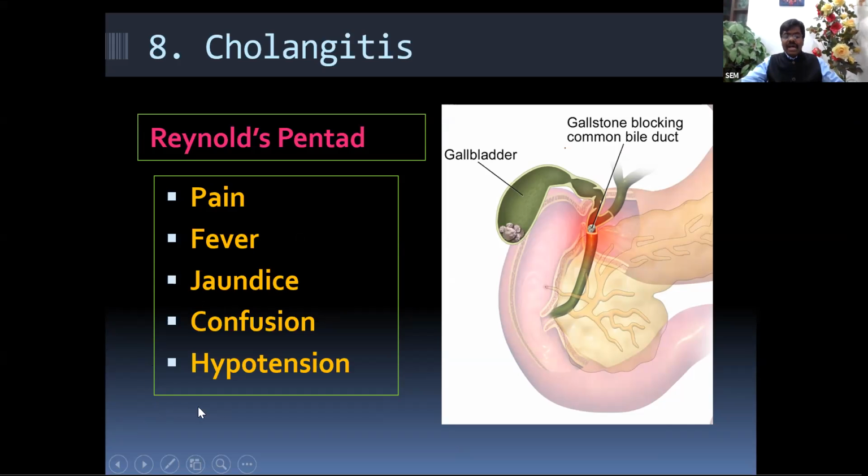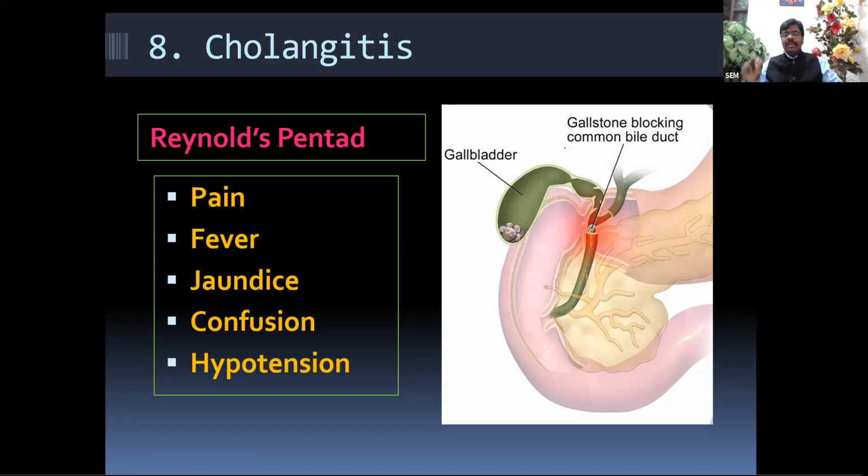So they get hypotension and confusion. Why hypotension? Because the infection is usually due to gram-negative organisms like the Enterobacteriaceae, like E. coli, Klebsiella, Pseudomonas. They'll ask you to name some organisms which cause this. Whatever organisms you see in the large intestine, those are the Enterobacteriaceae, gram-negative bacilli.